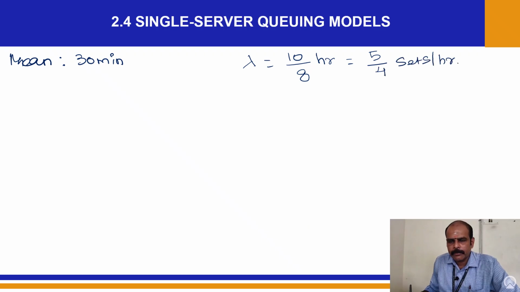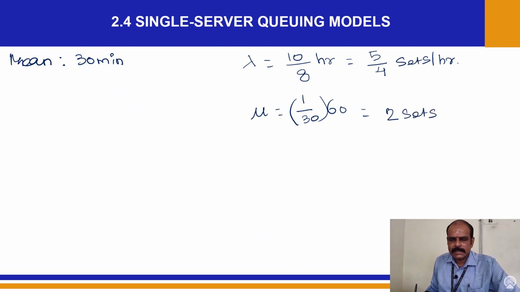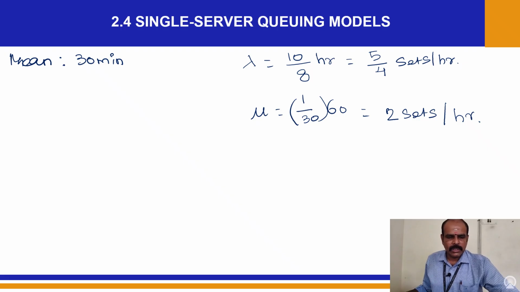Now for mu, the service takes 30 minutes, so 1 divided by 30 per minute. We want it per hour, so we multiply by 60. Therefore mu is 2 sets per hour.